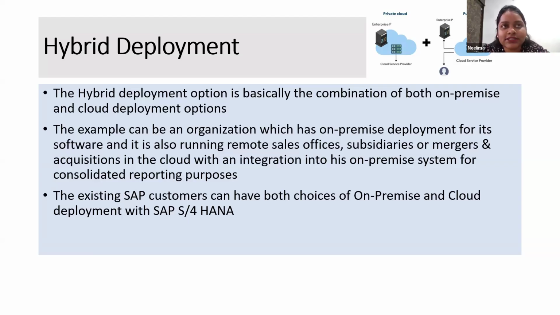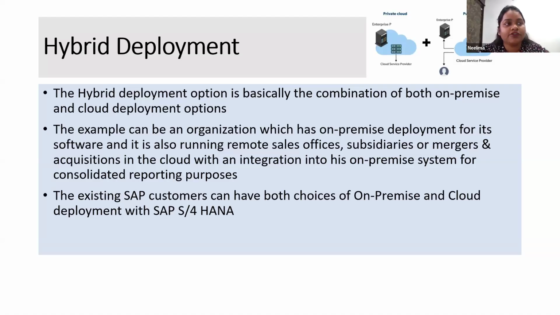Okay, so basically this hybrid system will give more flexibility, and the company can also have control over important operations while also benefiting from the flexibility of the cloud and on-premise. Most of the existing SAP users, most of the MNCs who are using SAP, will choose both on-premise and cloud options if the business is very huge.